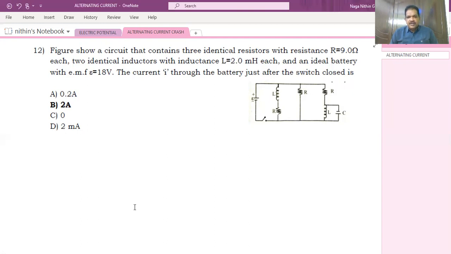Find the current I in the battery just after the switch is closed.